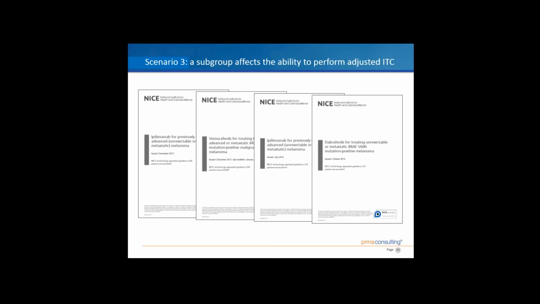And what we saw was the emergence of a rejection of indirect treatment comparison in submissions for melanoma. At the submission of Tafinlar, this became even more pronounced. Crossover became a problem. The methods for ITC were much more heavily scrutinized and criticized.